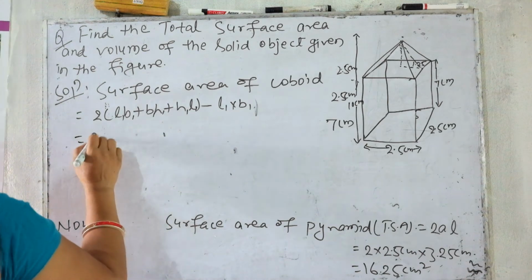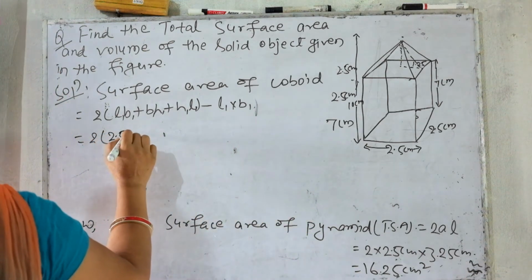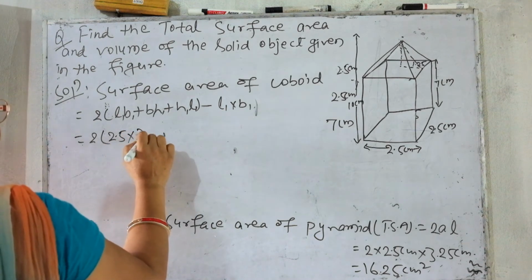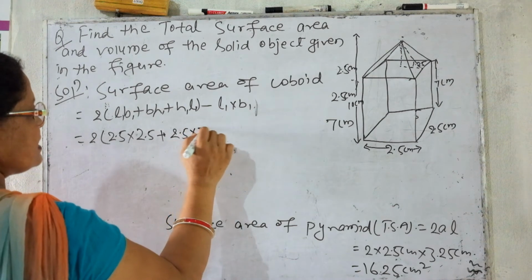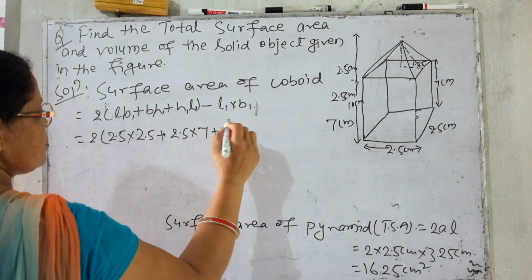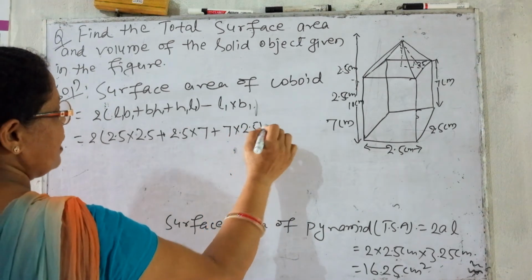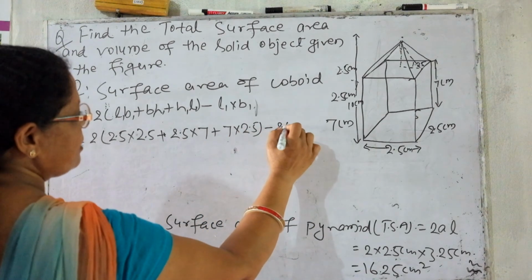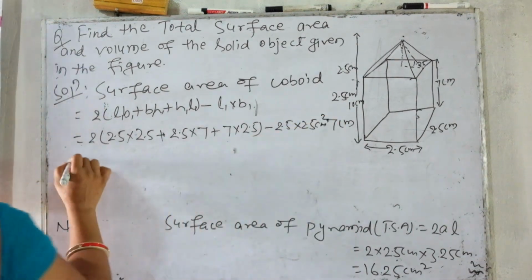Then 2 into (L1 is 2.5, B1 is also 2.5, plus B is 2.5, H is 7, then H1 is again 7, L is 2.5), minus L1 into B1, that means 2.5 into 2.5 cm square.